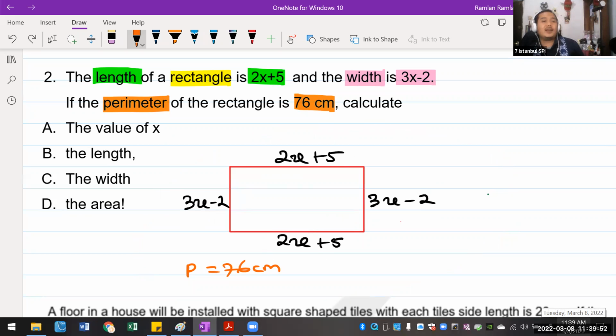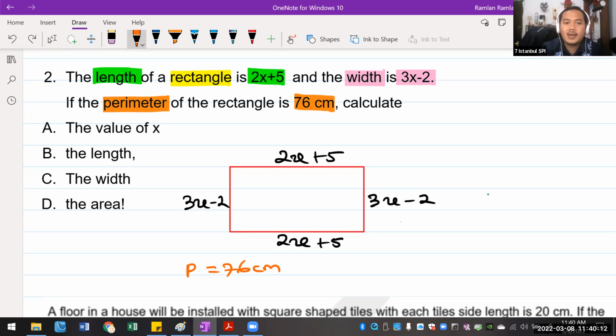After you get x, for example, misalnya x-nya let's say 12, which means that the length will be just substituting the x value with 12. This is just an example. If x is 12, but actually it's not that.